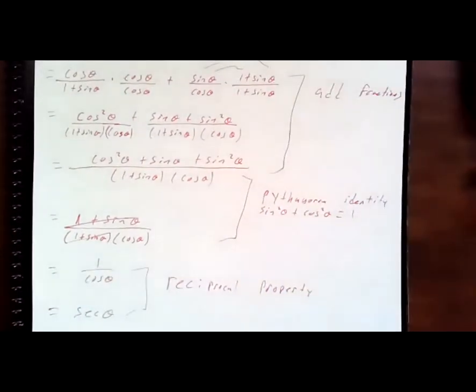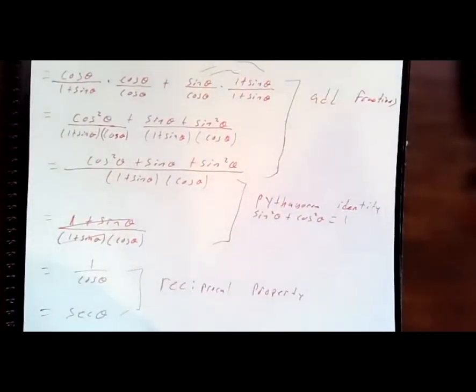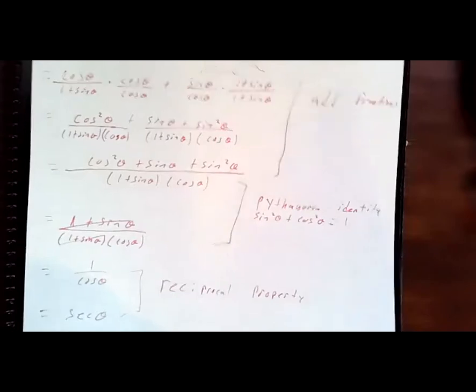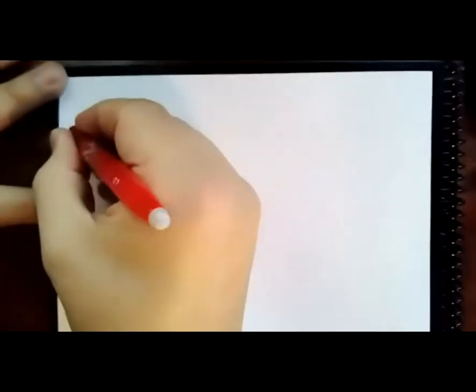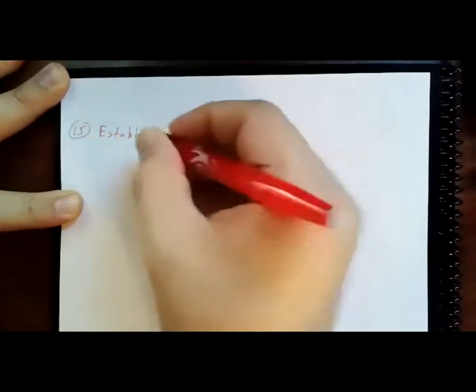Okay. Now let's do a proof type. Establish the identity.